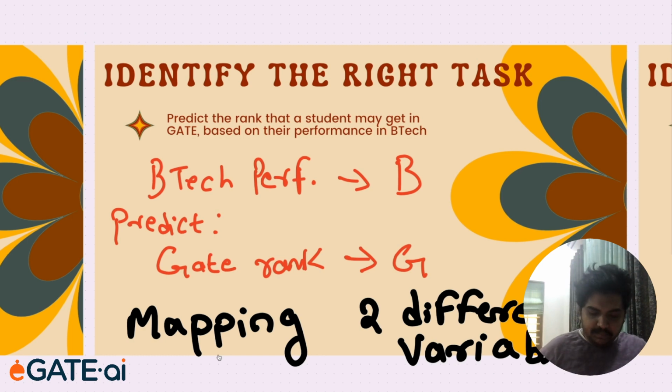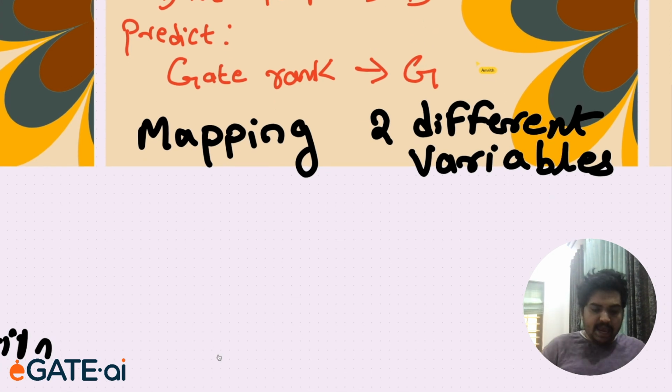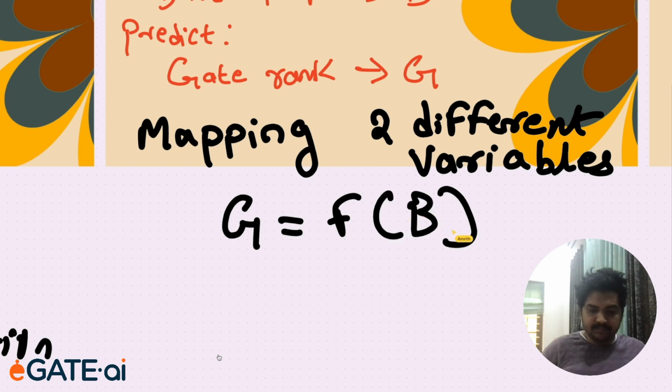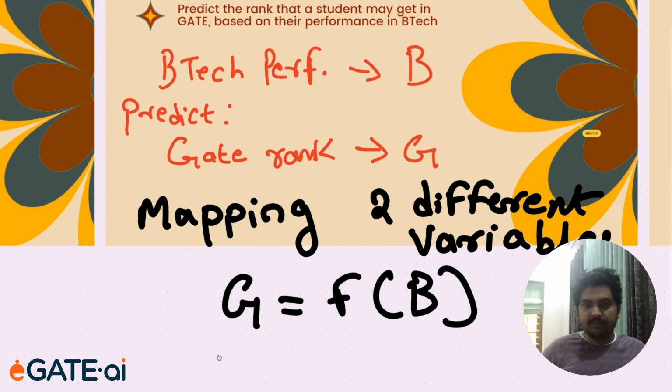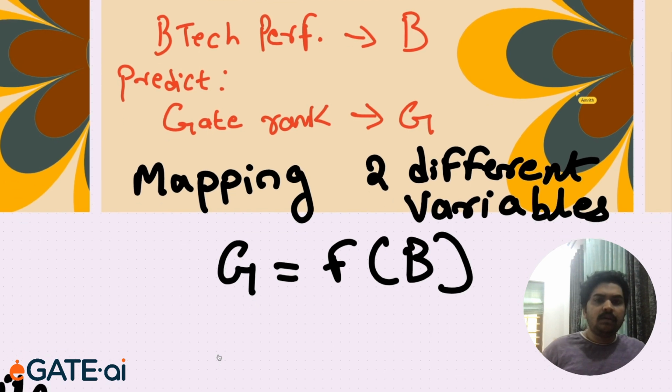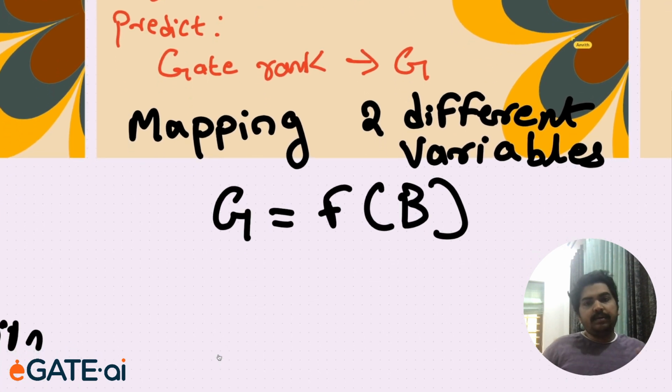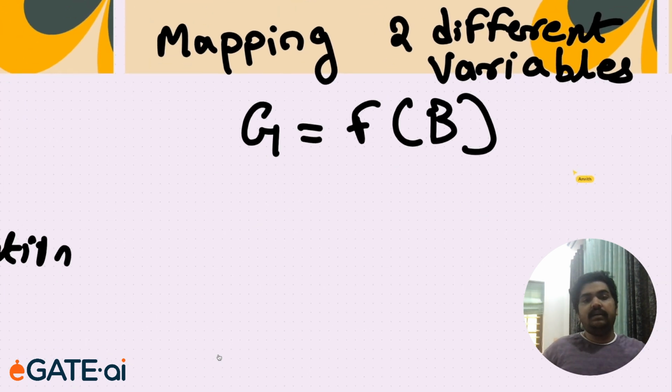So since it's a mapping, we essentially learn a function, and the function we will learn will be of the form G is equal to f of B, consistent with the notation we have followed so far. Now, what remains is to decide whether we should go for, again, classification or regression. Here, GATE rank will be a natural number, so naturally the possible values are discrete.